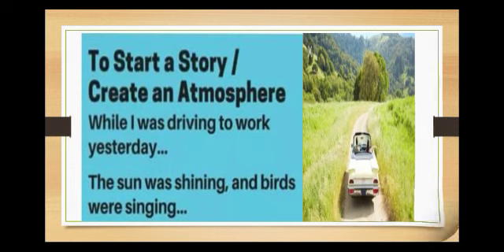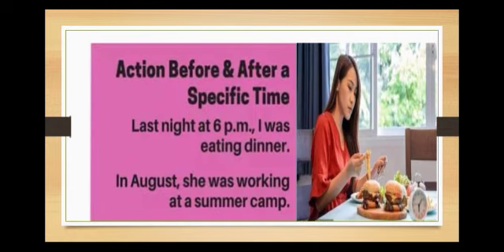So if you want to talk about actions that took place before and after a specific time in the past, then also you use this tense. For example, last night at 6 p.m. So you are talking about a specific time in the past.